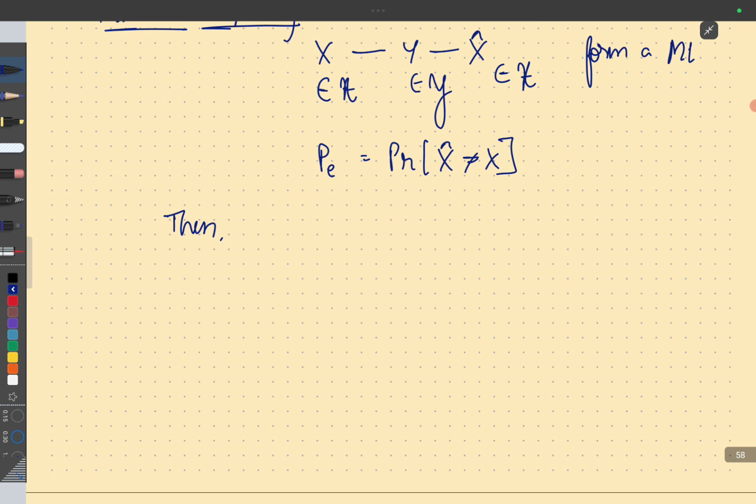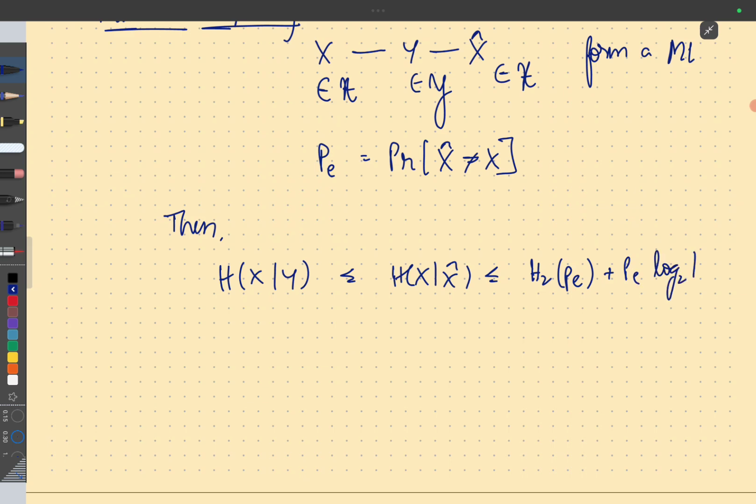For this, I have H of x given y less than or equal to H of x given x hat, which is less than or equal to the binary entropy of the probability of error plus the probability of error times the log of the cardinality of x.